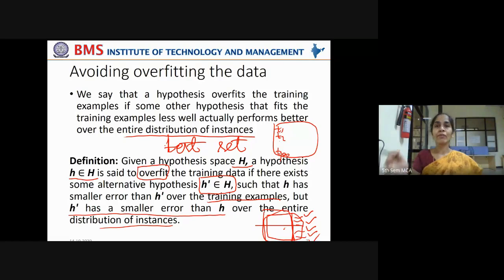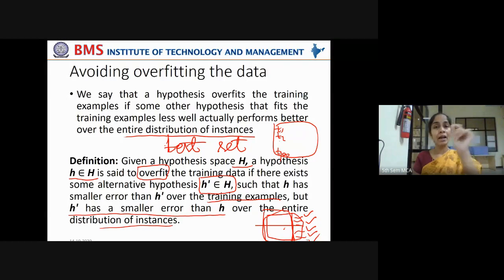Understand carefully. When I take the data set, all the data points in the data set are derived from the same distribution. All the instances will have the same distribution. Now, if a model is performing well on the training set, it has to perform well on the test set also. If it is performing well on the training set and not performing well on the test set, then we say it is overfitting.